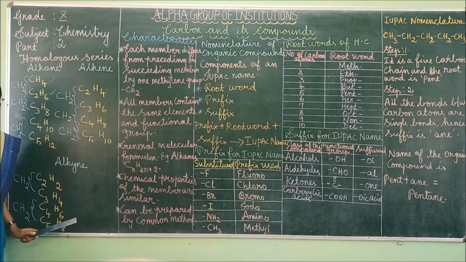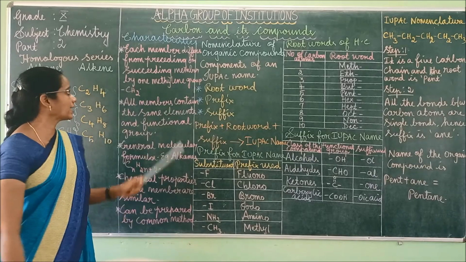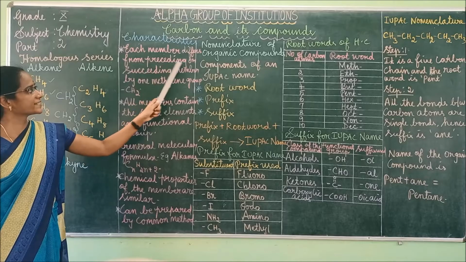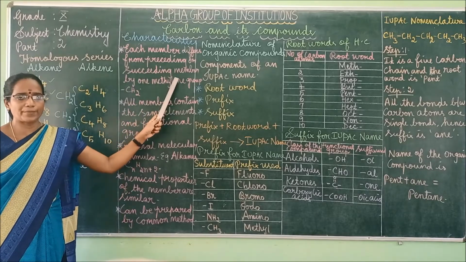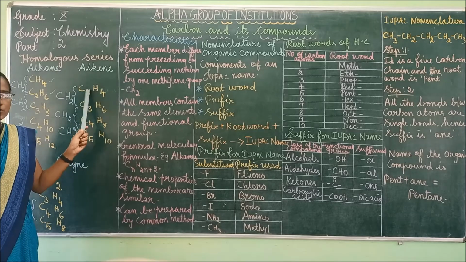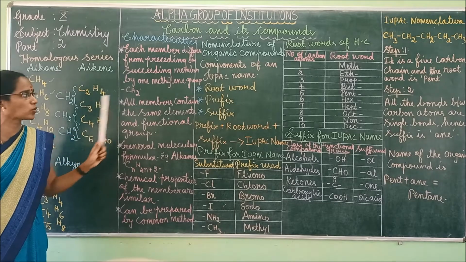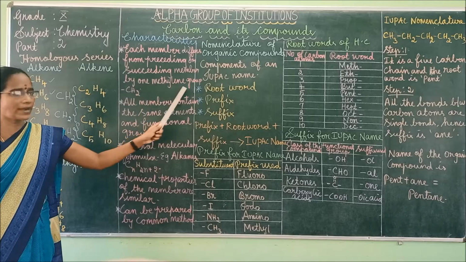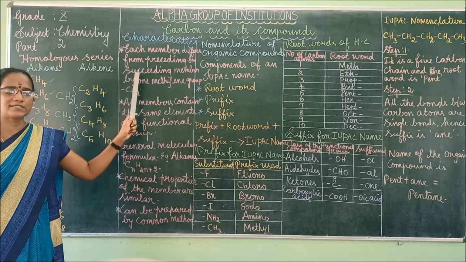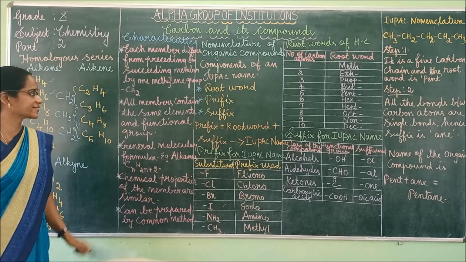These are nothing but homologous series members. So each member differs from the preceding or succeeding member by one methylene group, that is CH2. Preceding means this one, succeeding means the next one. This is one of the characteristic features of homologous series.